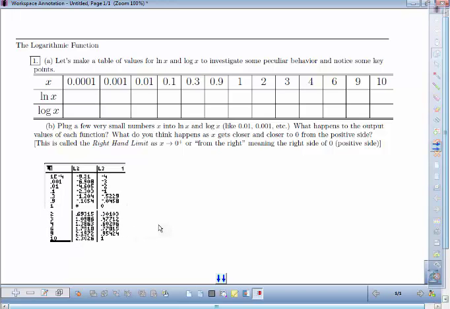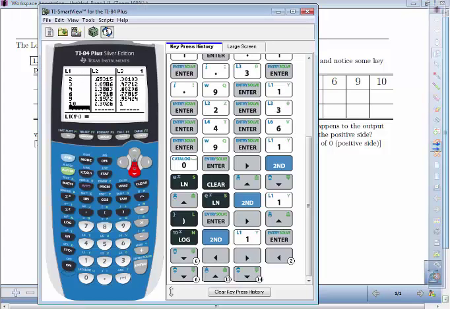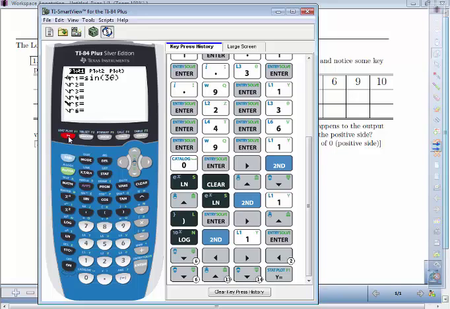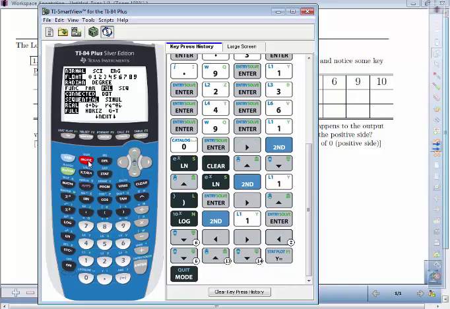All right, so here's your table. So this is one way to do this. Another way to do this is if you hit y equals. I'm in a different mode here. I'm going to change my mode.